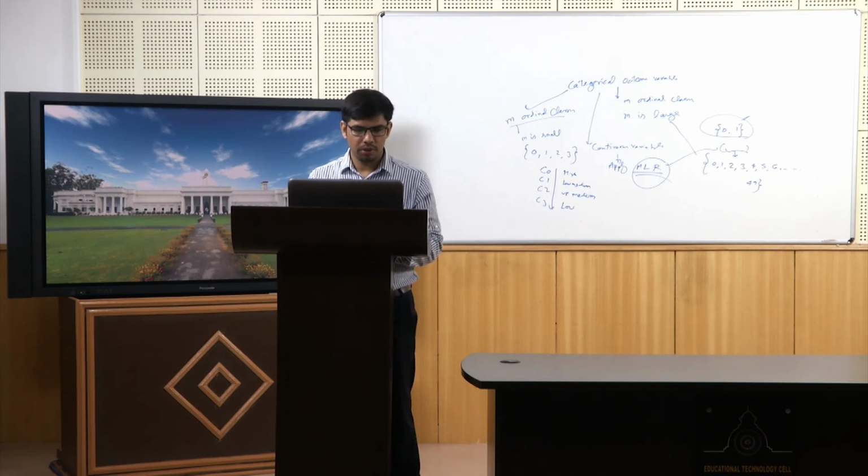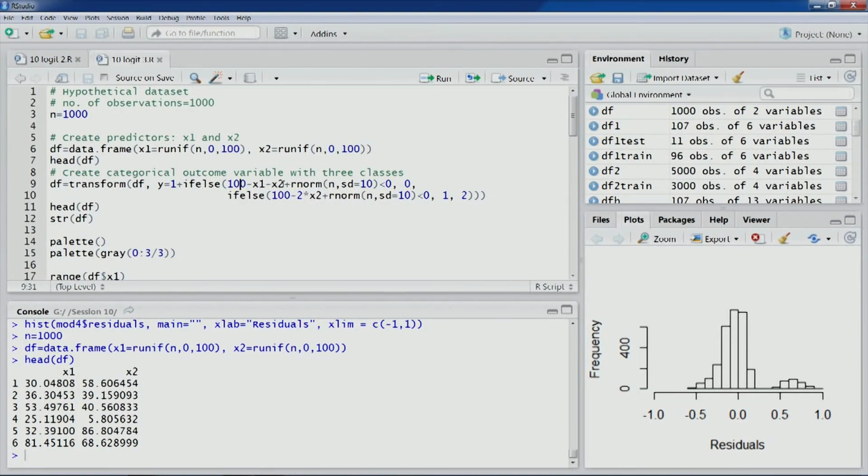We are using the transform function to create our categorical outcome variable. You can see that we are computing y as 1 plus ifelse, and if the value of 100 minus x1 minus x2, plus a certain value taken from a normal distribution with standard deviation 10, 1000 values, is less than 0, then using this information based on x1 and x2 and certain additional computation, we assign it a class.